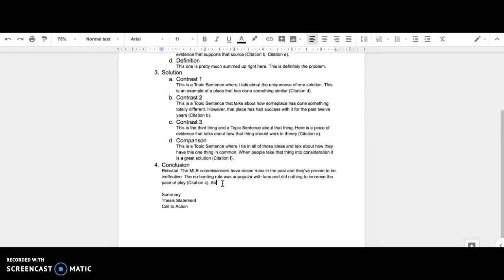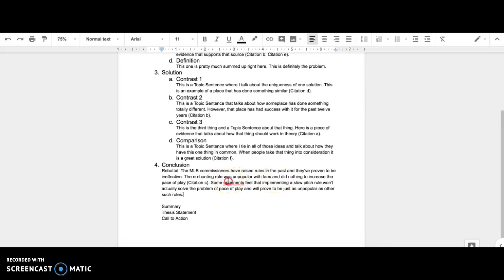Some opponents feel that implementing a slow pitch, I think I saw something about that, rule won't actually solve the problem of pace of play and will prove to be just as unpopular as other such rules.